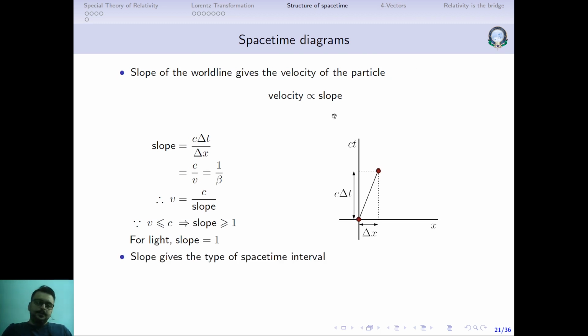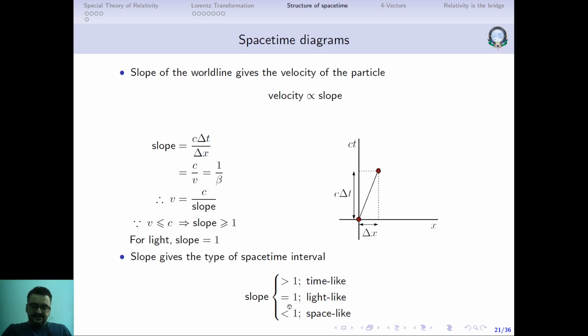Next, the slope also gives us the type of space-time interval. If the slope is greater than 1, then you can travel along that space-time interval, and we call it a time-like space-time interval. If the slope is equal to 1, we call it a light-like space-time interval.